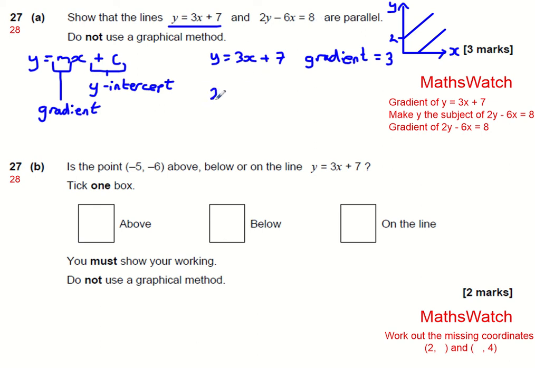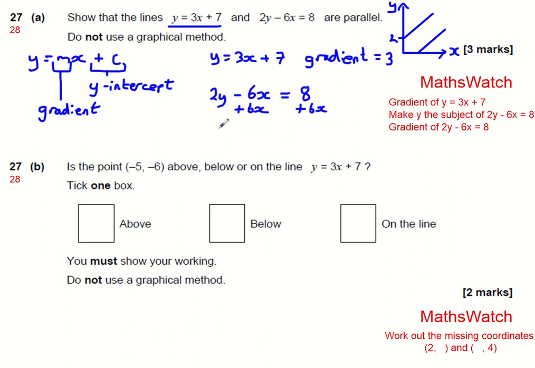So we've got 2y minus 6x equals 8. Now we need to make it y equals. So the first thing we need to do is get rid of this minus 6x. To get rid of minus 6x, we need to do the opposite, which means we need to add 6x. And we need to do that to both sides.